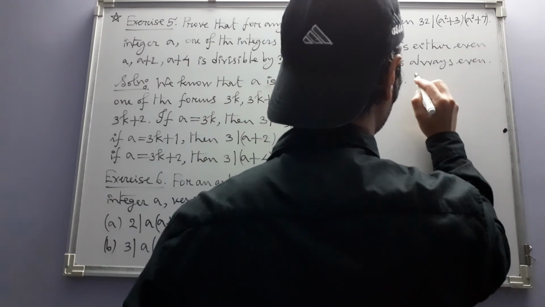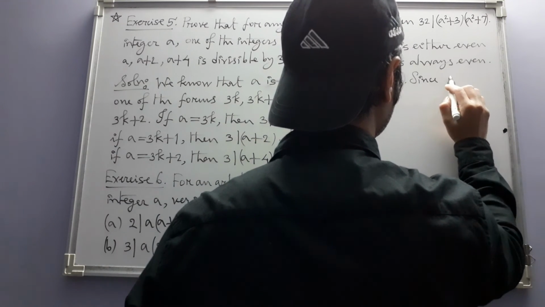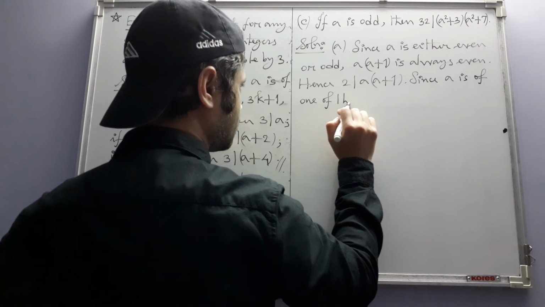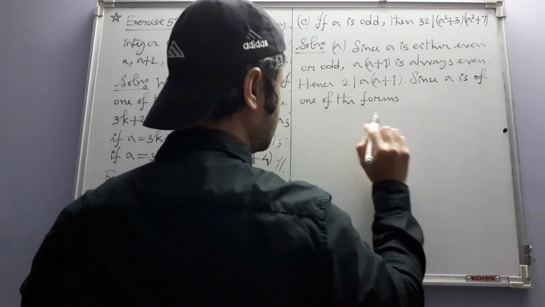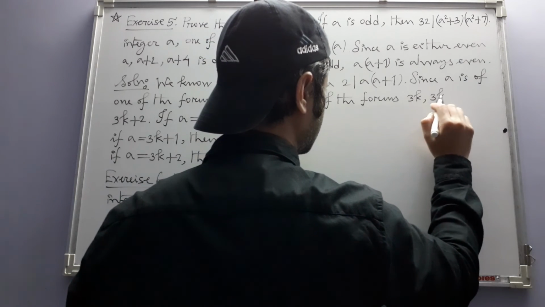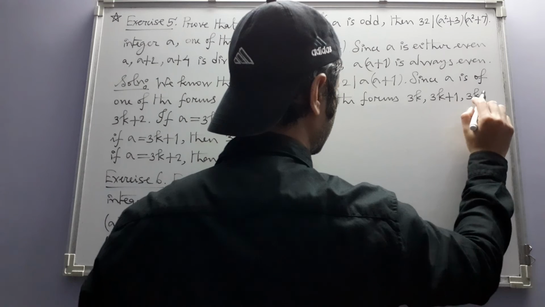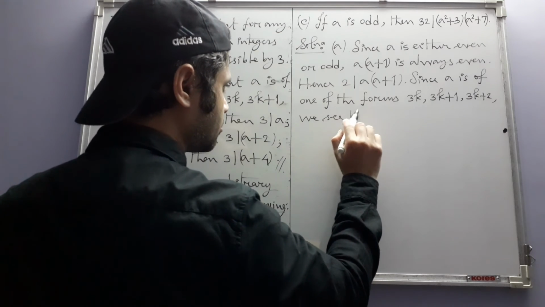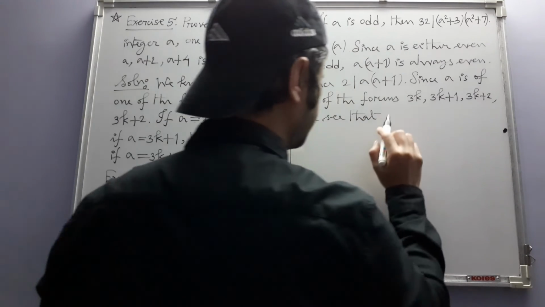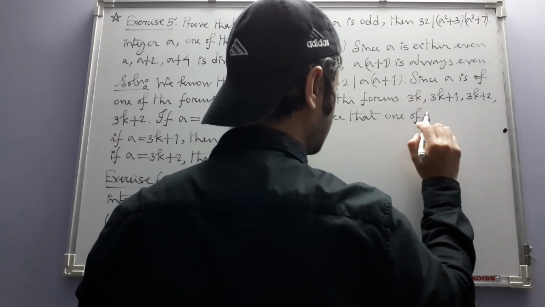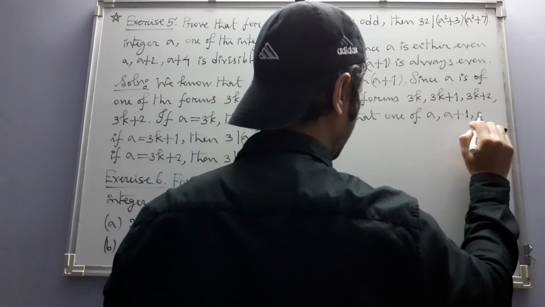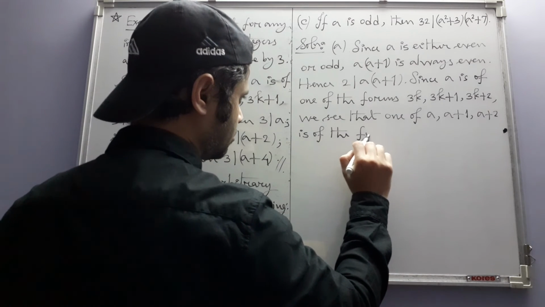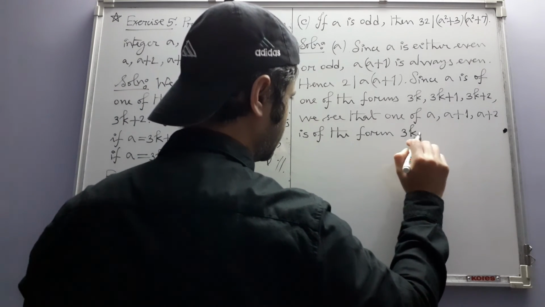That is, since A is of one of the forms 3k, 3k plus 1, 3k plus 2, we see that one of A, A plus 1 and A plus 2 is of the form 3k.